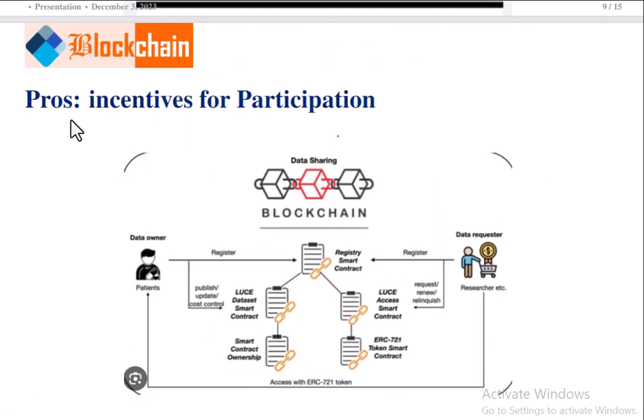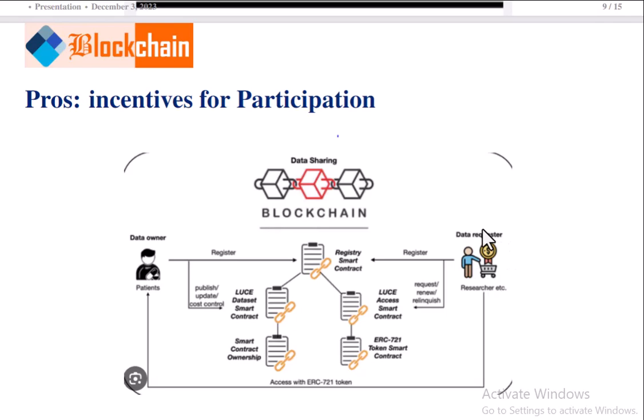Another benefit of the blockchain network is incentive for participation. A consensus mechanism like proof of work provides economic incentive for participation, encouraging network security. Suppose this is the data owner and this is the data requester.